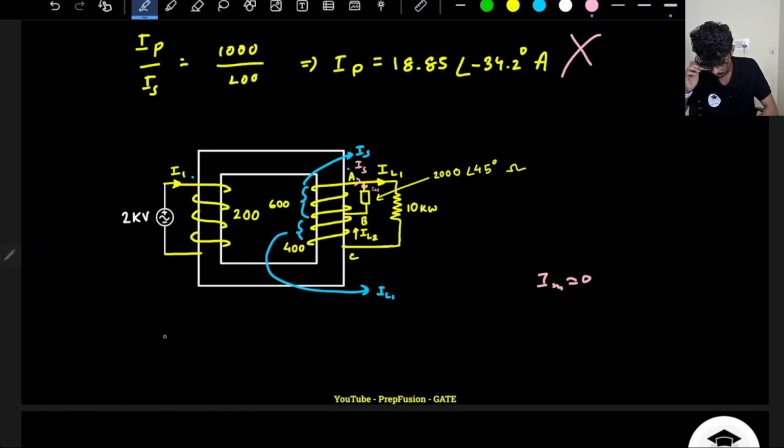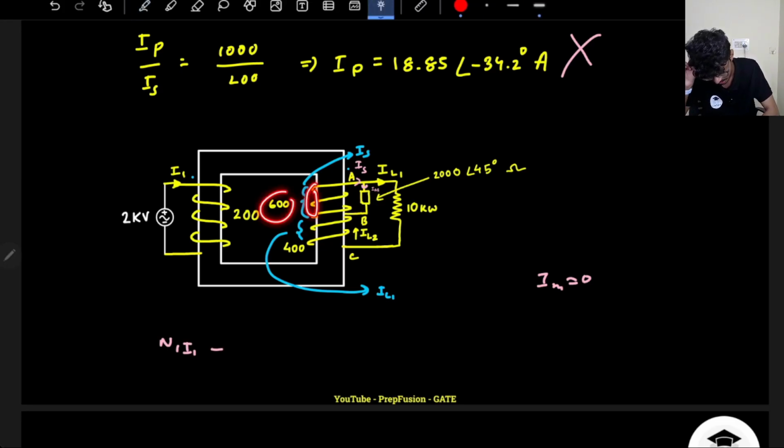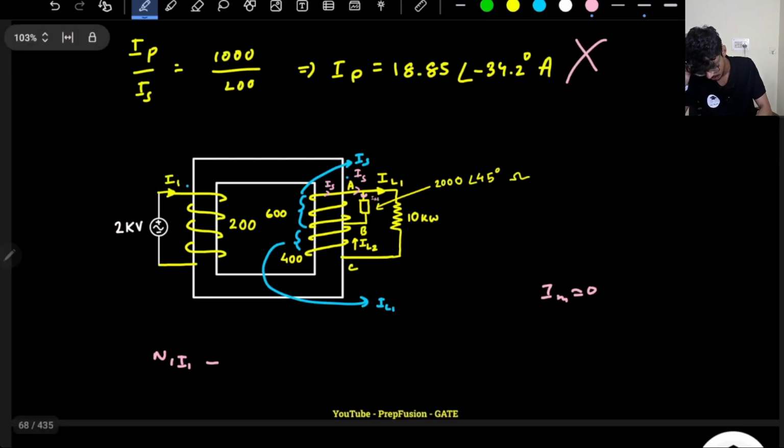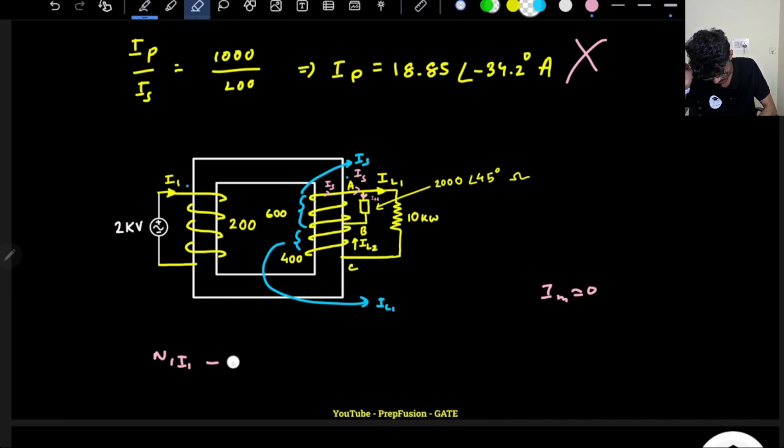The MMF provided by the primary N1 I1 should be balanced out by the MMF on the secondary. So what is the MMF on the secondary? This portion of the coil has 600 turns, and the current flowing through this portion of the coil is IS. So it will be 600 into IS.